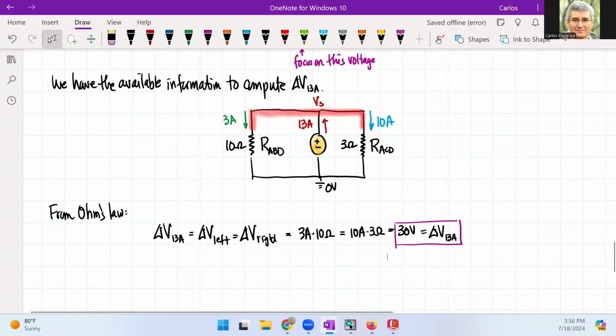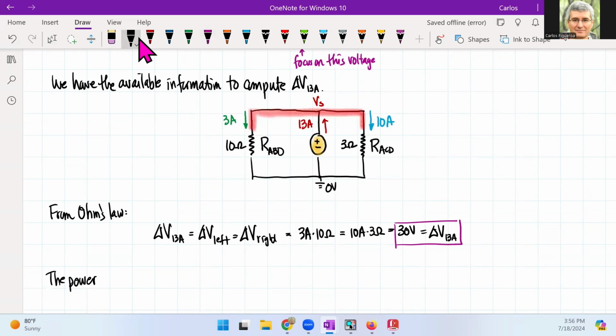So now we could calculate the power delivered by the power supply.